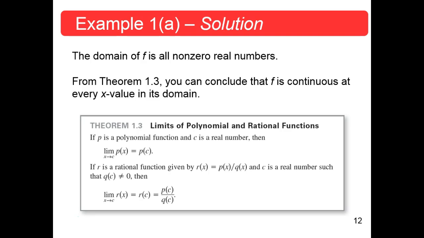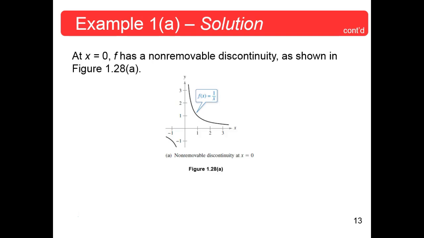That really doesn't seem to help too much, but on the other hand, it does. So at x equals 0, this is a non-removable discontinuity. Because this one, I wish they'd have shown it better, goes like this forever, okay? And this one goes like that forever. At x equals 0, never. You don't get the one going down this way that equals the one going up this way. Just not going to happen.